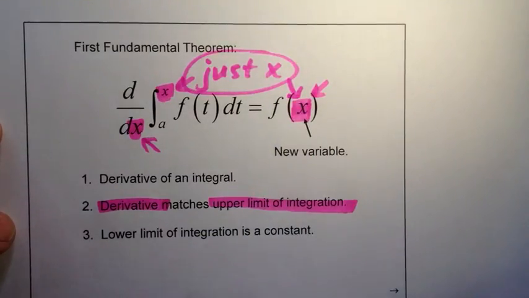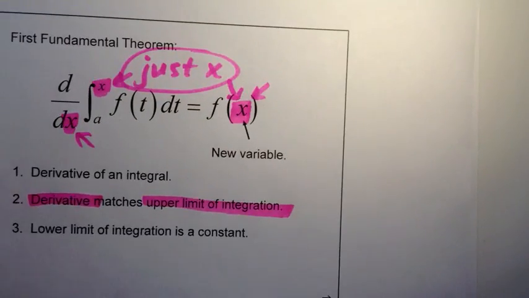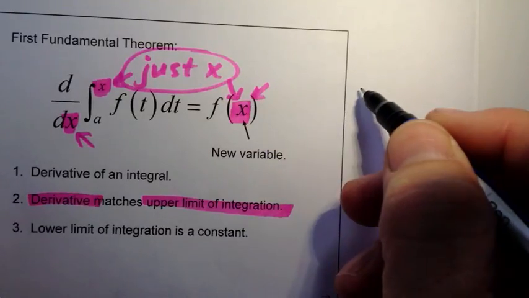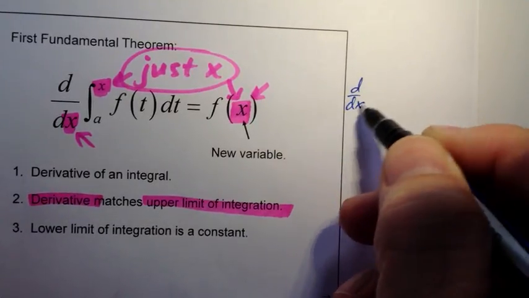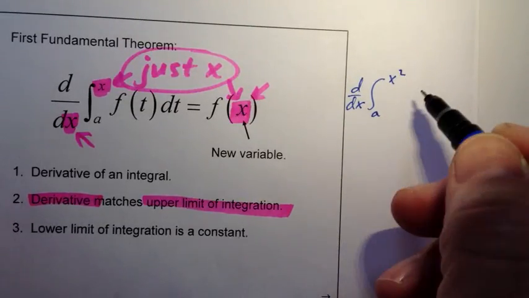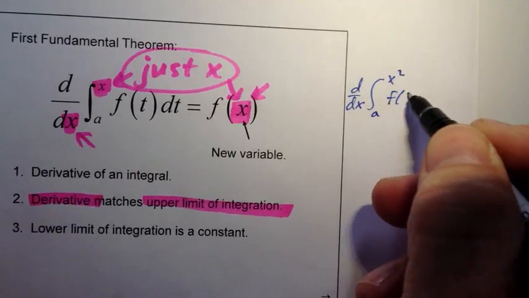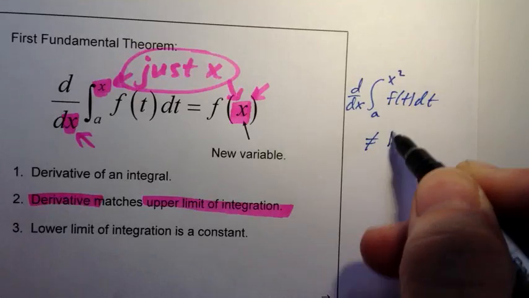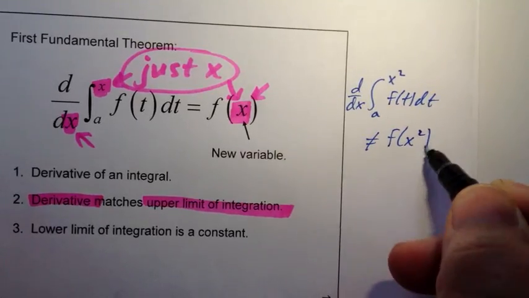I would like to also forewarn you that you're going to see something like this. I'll put this off to the side here. The derivative with respect to x of the integral from some constant a to x squared of f of t dt is not equal to f of x squared.